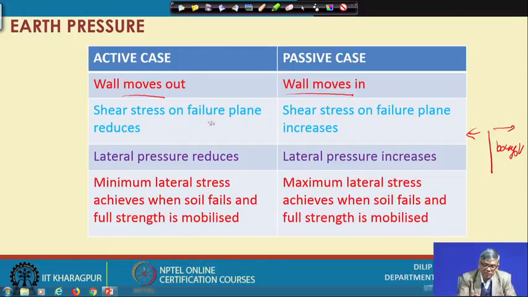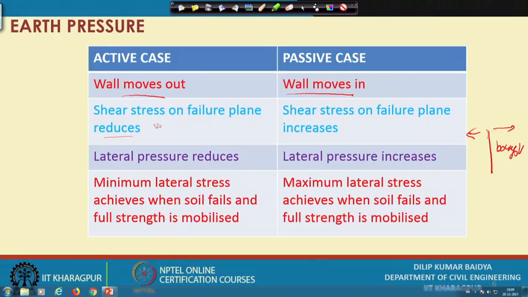Shear stress on the failure plane reduces in the active case, since when the wall moves, the pressure reduces over time, whereas shear stress on the failure plane increases in the passive case, because the wall is pushing this side. So, additional pressure will come.